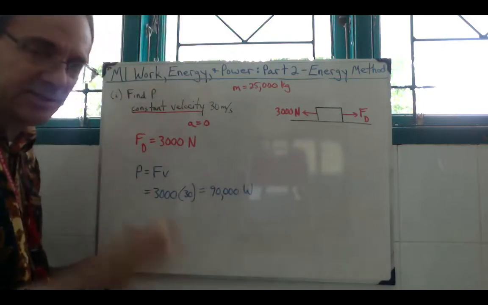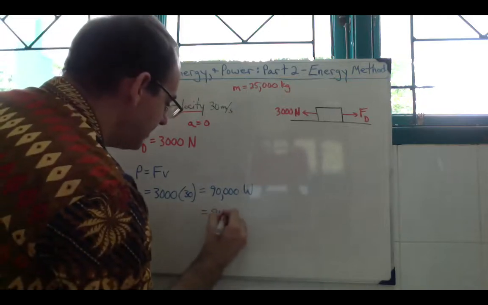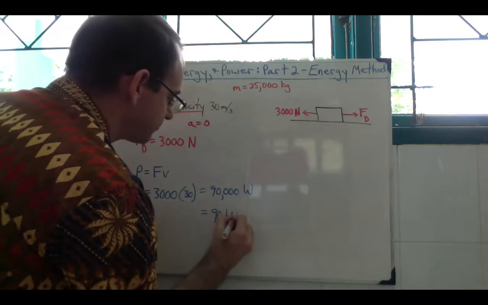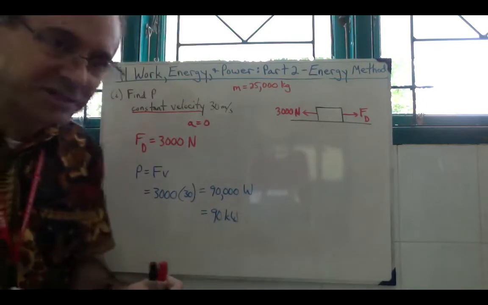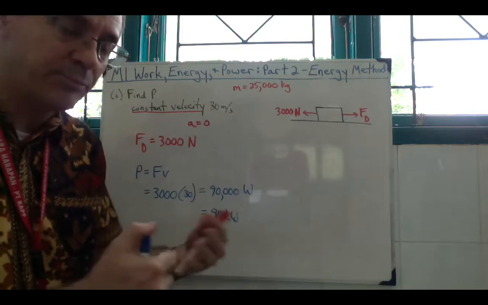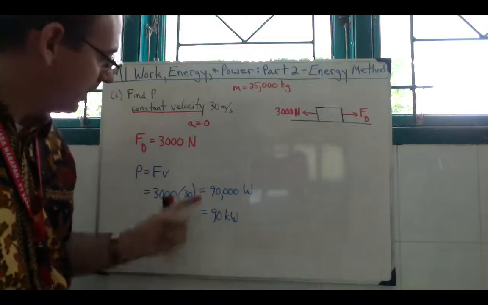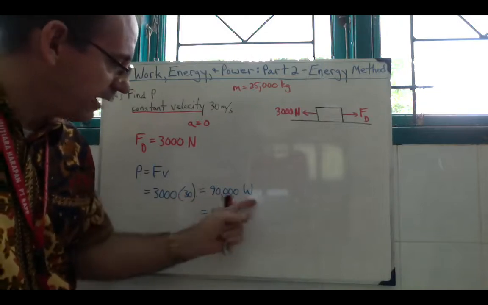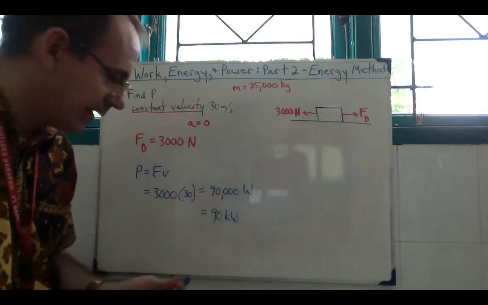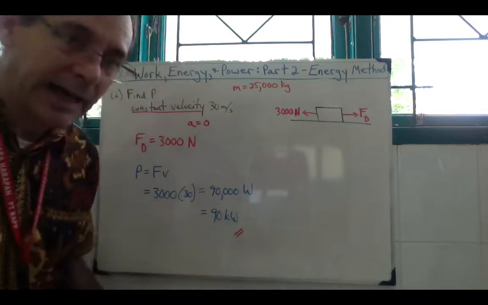Remember, watts is the unit for power. You could also call it 90 kilowatts. Read the question carefully, because sometimes they ask you to specifically put the answer in kilowatt form. But either way, 90,000 watts or 90 kilowatts is our answer for part 1.